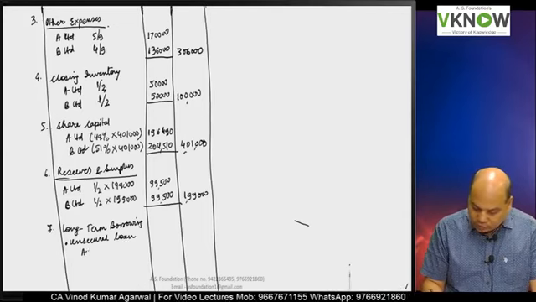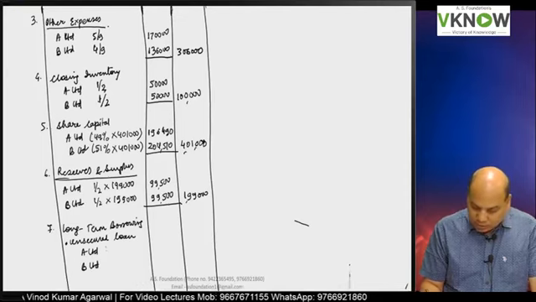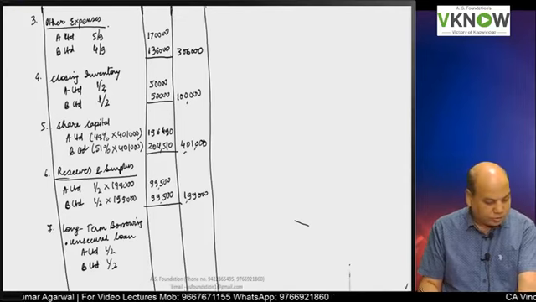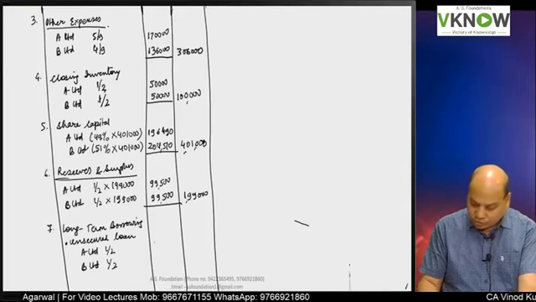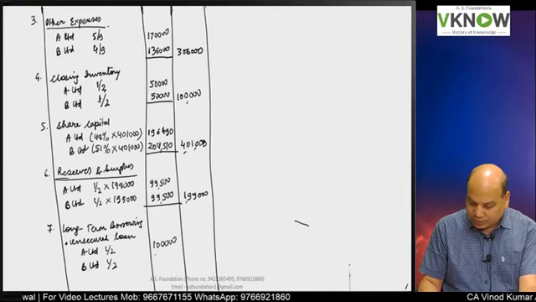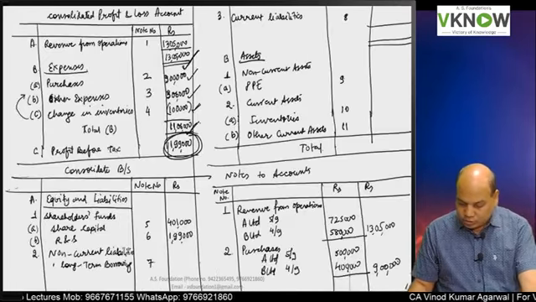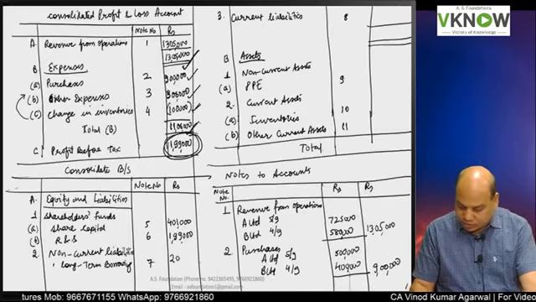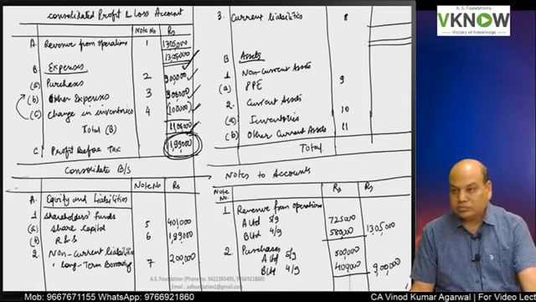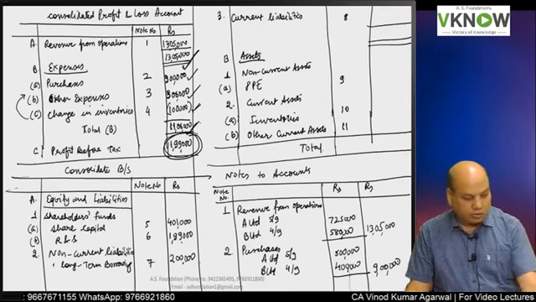And under that we have two companies name, A and B. All liabilities will be distributed equally. So divide by 2. 2 lakh divided by 2 is 1 lakh. So long-term borrowing 2 lakh in the main balance sheet. This is how we have done up till now.